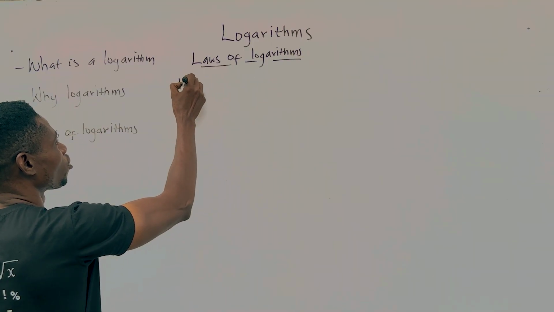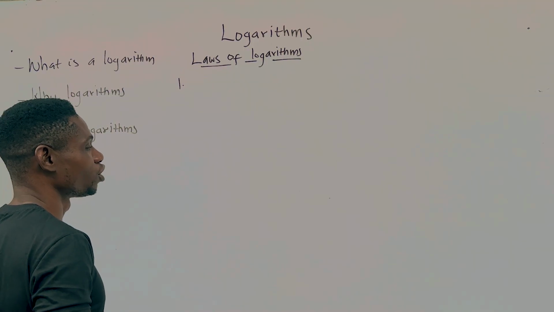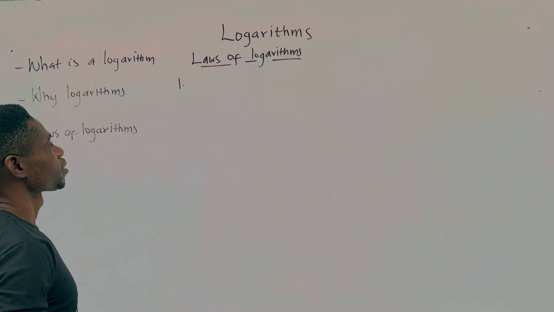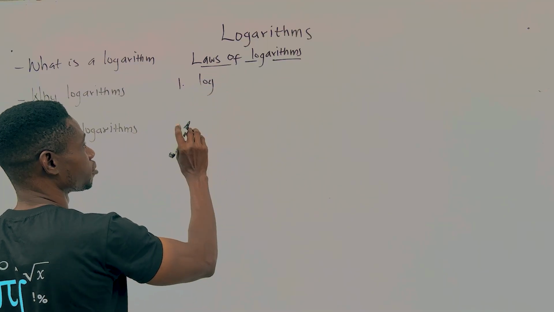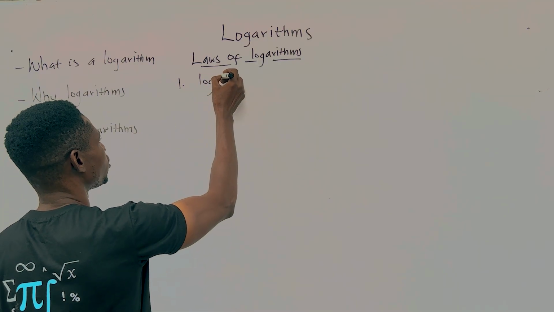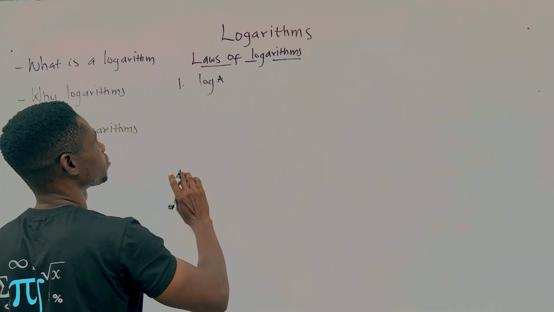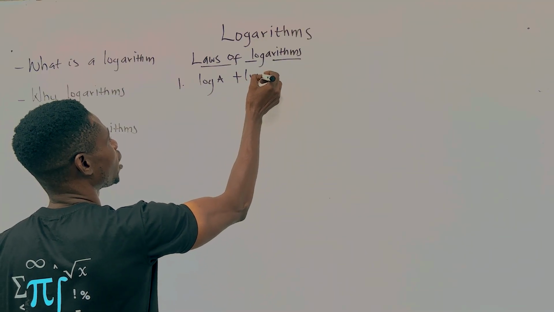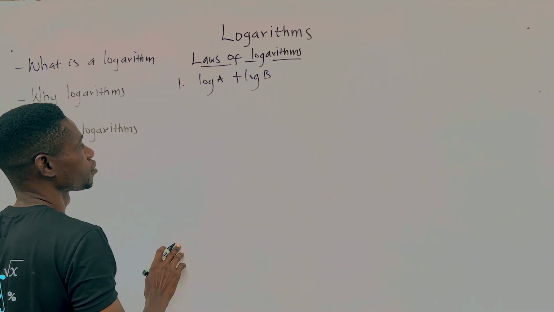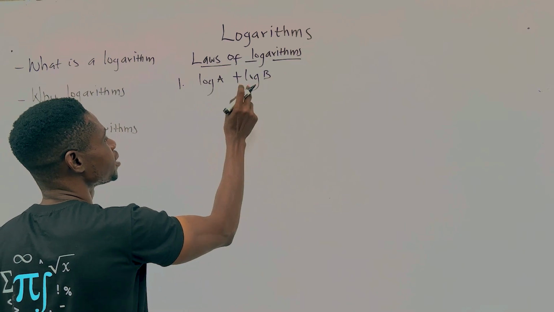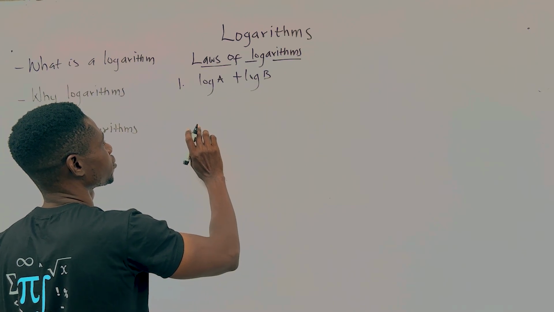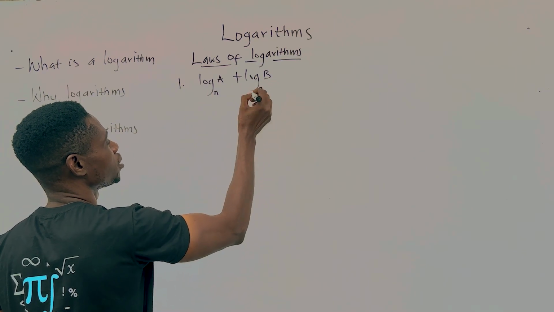Now the first law, we're going to call it addition law. It says if you have a log, let's say log A plus another log B. So when you are adding two logs of the same base, let's say base n.